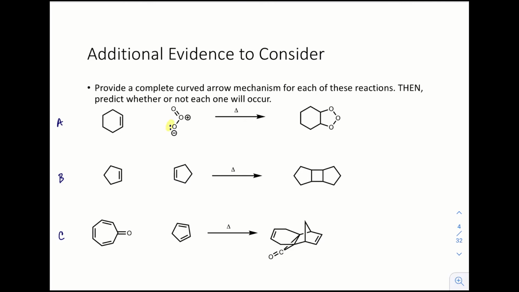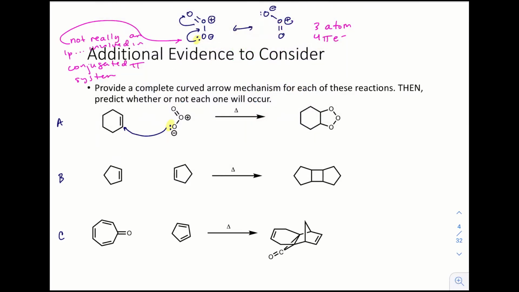This lone pair of electrons makes a bond with the ring. Here it is. Now, of course, this is not really a lone pair of electrons. Those electrons are involved in a conjugated pi system. In this resonance structure, though, it certainly looks like a lone pair. The electrons in this pi bond make a bond to the other oxygen on the other end of ozone.